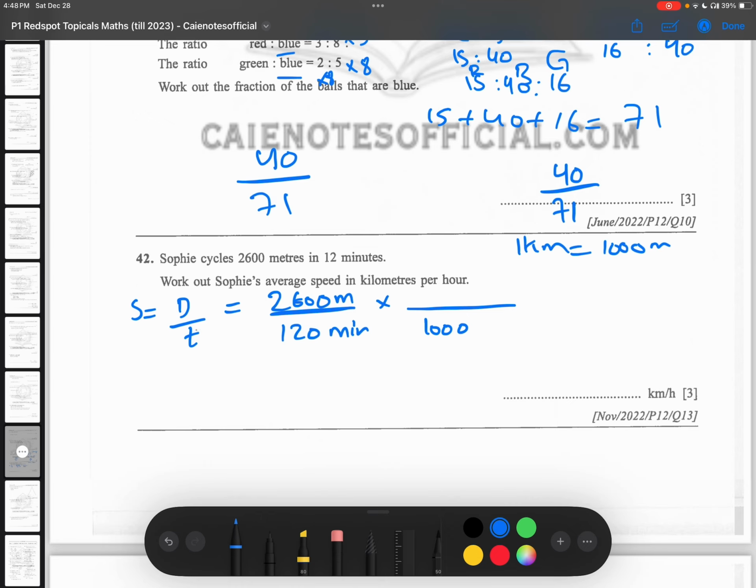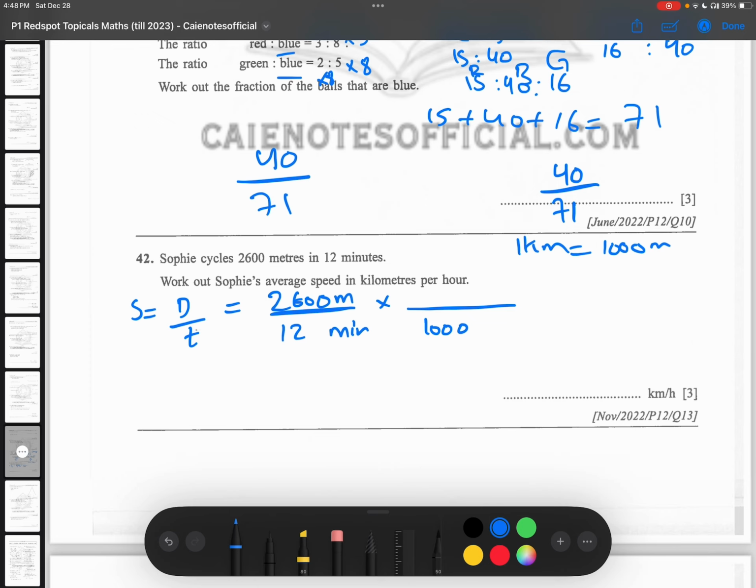Now we need this speed in hours. So let's think about it this way. This is the distance that Sophie has covered in 12 minutes. So what do you think, if she will cover this distance in hours, will she travel more or less?